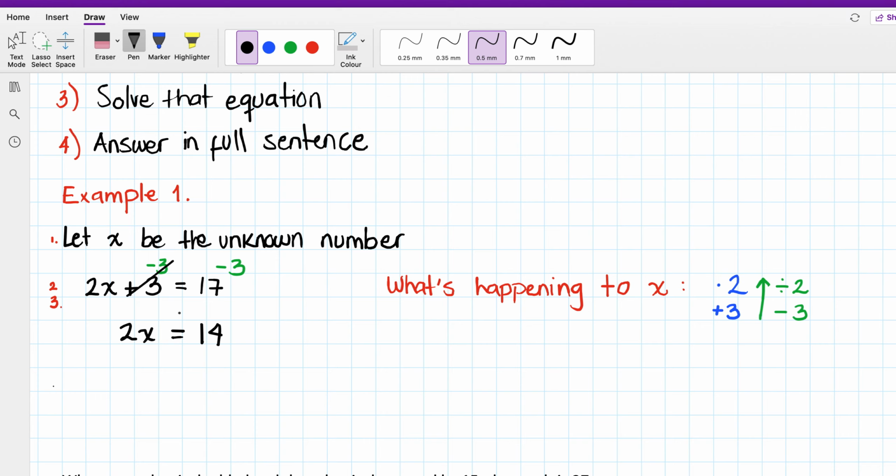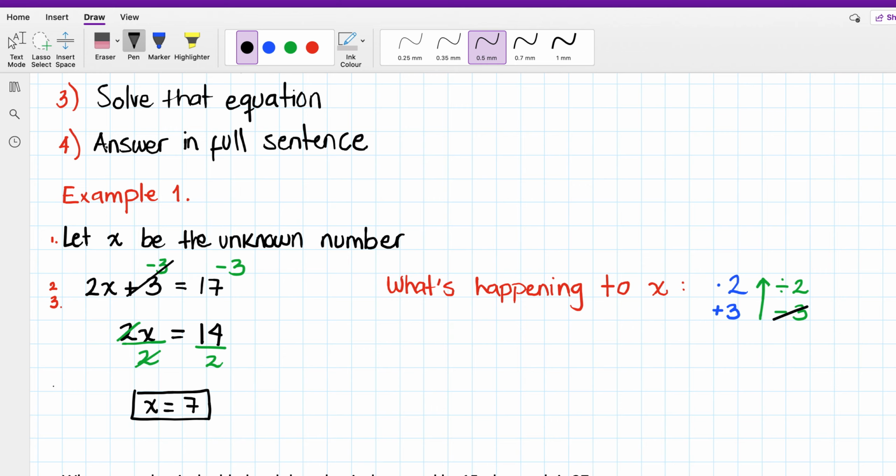Notice that I'm leaving the equal sign aligned and I'm working downwards. Agree? Then I'm going to do the second step, divide by 2 on both sides. When I do that, I cancel this one and I cancel this one. And then I get that x is equal to 7. So this is my answer, but I haven't finished.